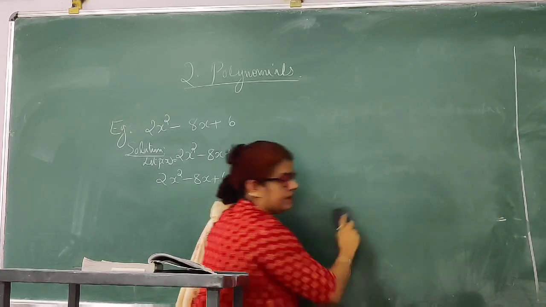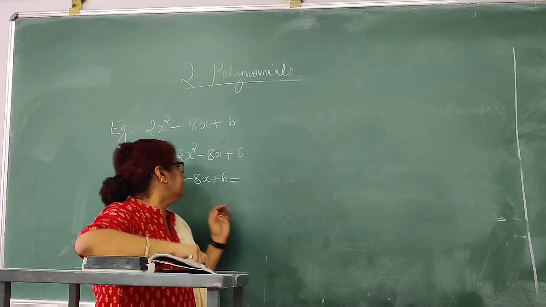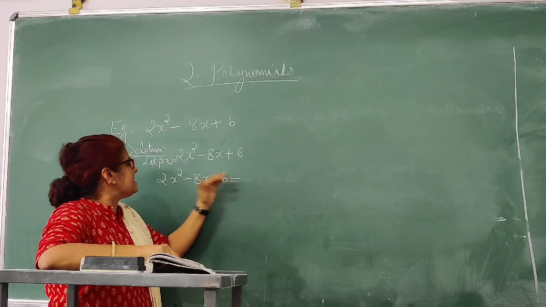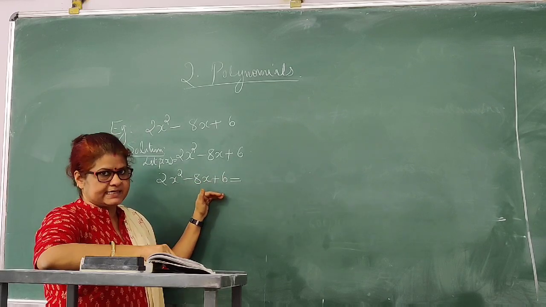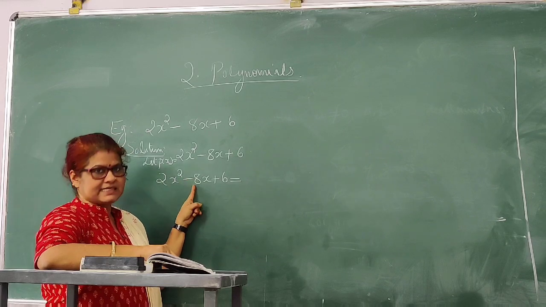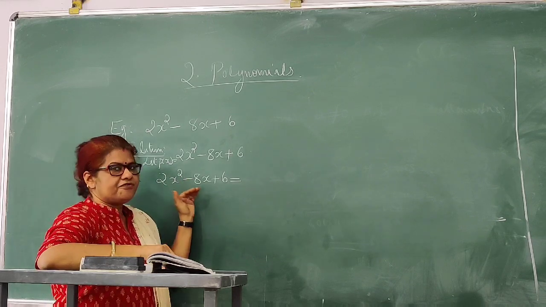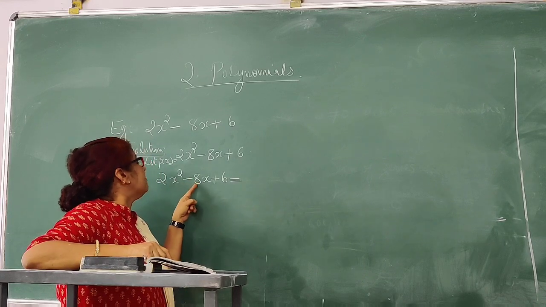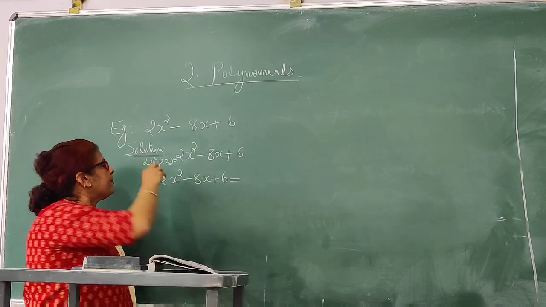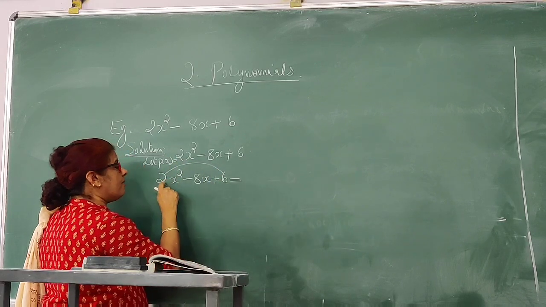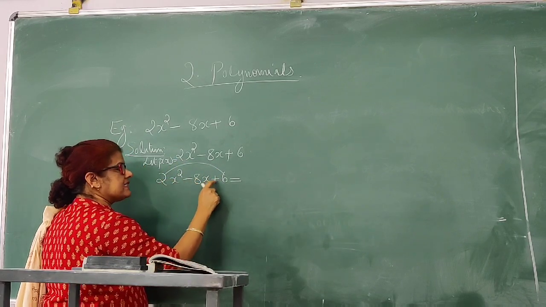We have to consider the middle term of this quadratic polynomial, which is given here by minus 8x. The middle term coefficient here is minus 8. Then we should find two integers such that their sum is minus 8 and their product is a into c. This is of the form ax square plus bx plus c.